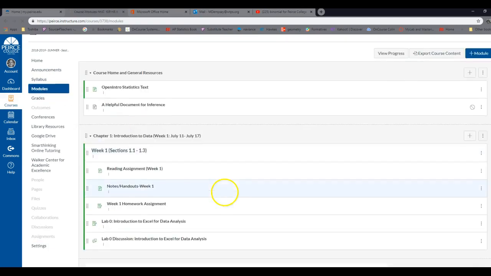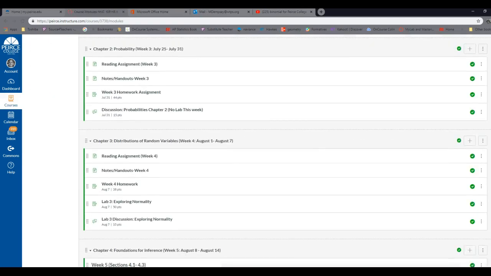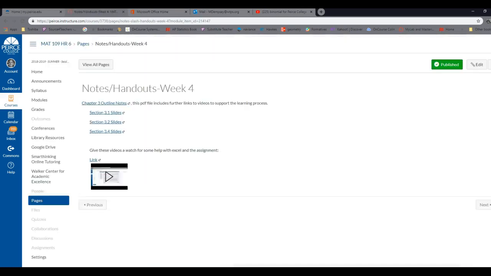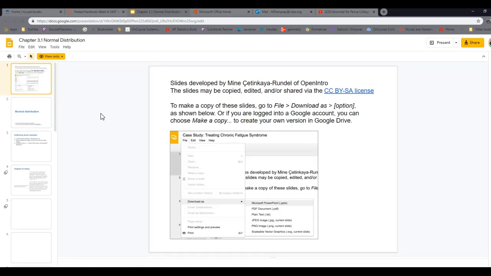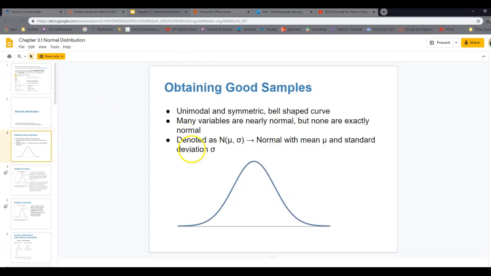I lost my slides. Let me get those normal distribution slides up here again. They'll be helpful to look at in our handouts, because this is asking a slightly different question than what we were talking about before. Okay, so let's look at a basic normal distribution.